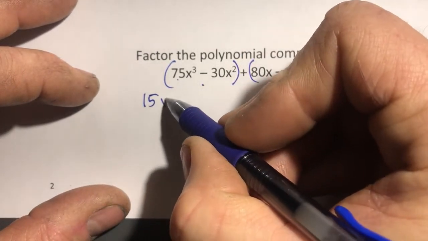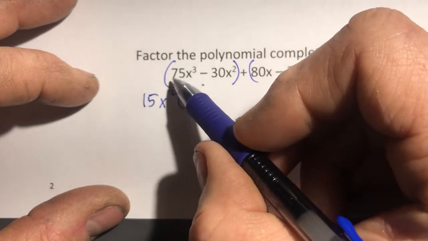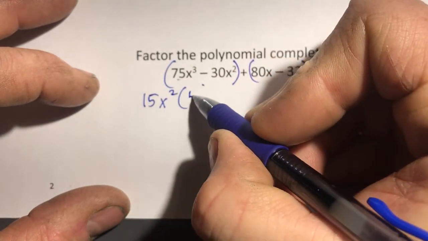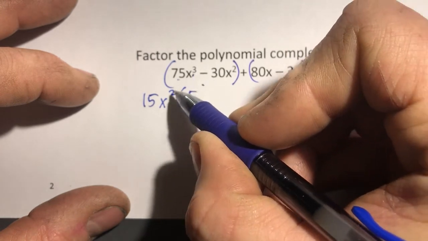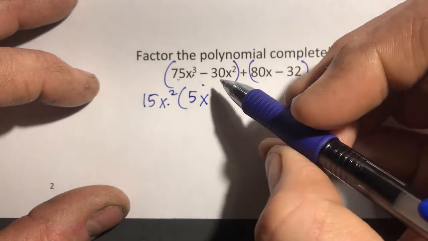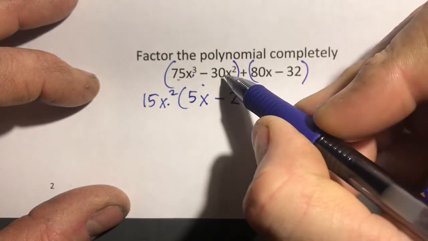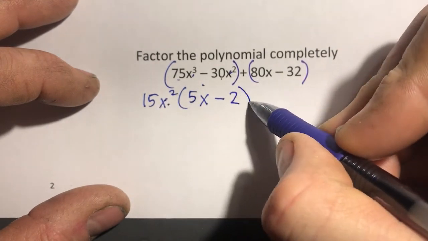And they both have an x squared. Okay. 75 divided by 15 is 5. I've got an x to the third. I'm dividing out x squared, so that leaves me an x still. And then I got minus 30 divided by 15 is 2. And the x squared divides out. There we go.